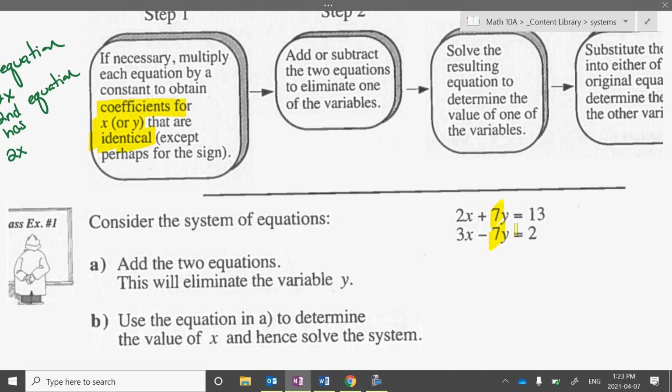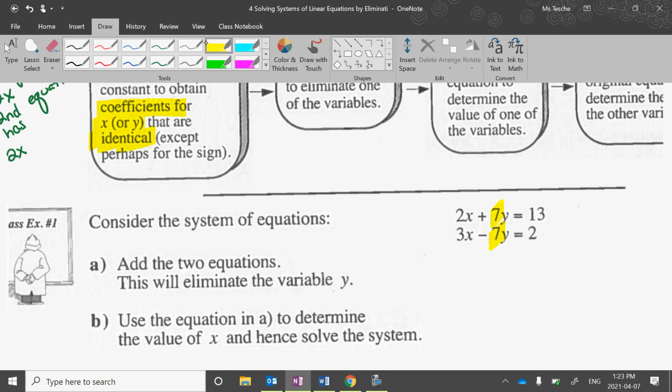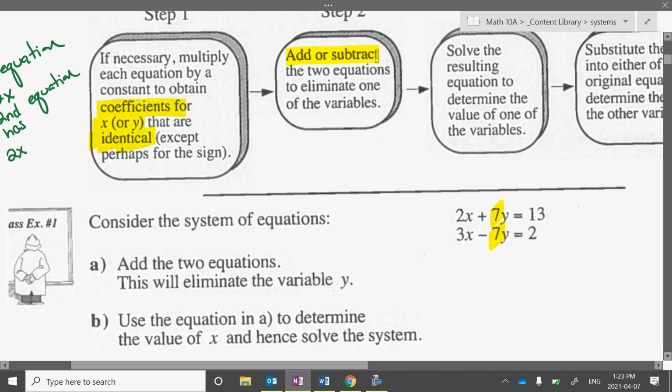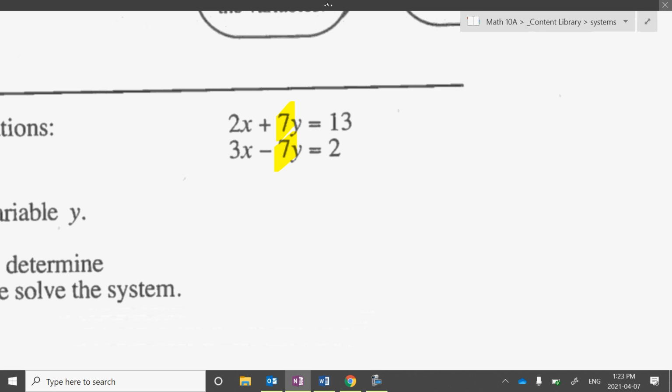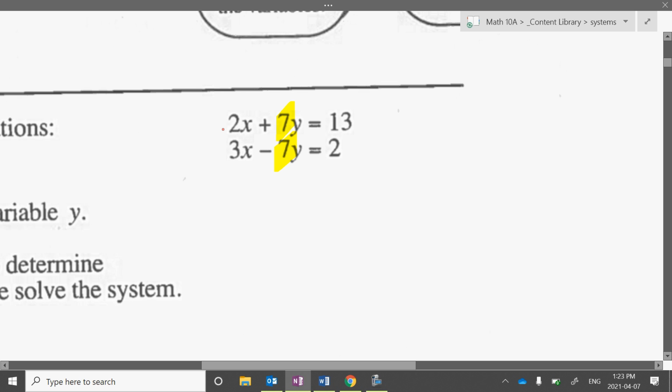So this is like the weird part. You can add or subtract your equations to eliminate one of the variables. So you're going to add your 2 equations together completely to cancel it out. So on this one, I'm going to put a big plus sign right here and a big plus sign here.